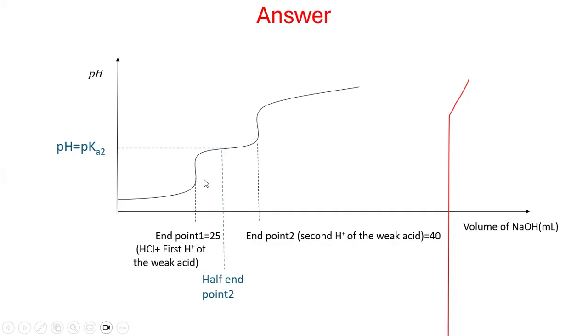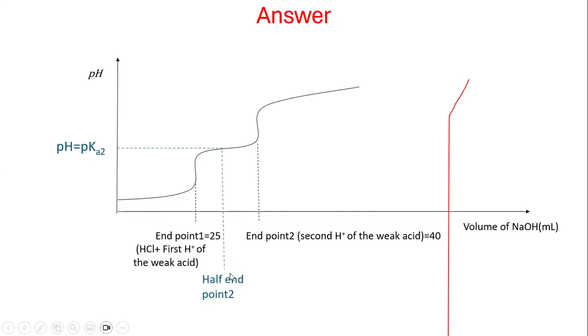So now the difference of this much, at that point, second H plus was titrated. If the second H plus needs 15, first H plus also needs 15, but 25 was consumed.